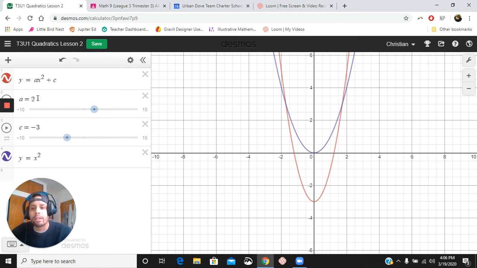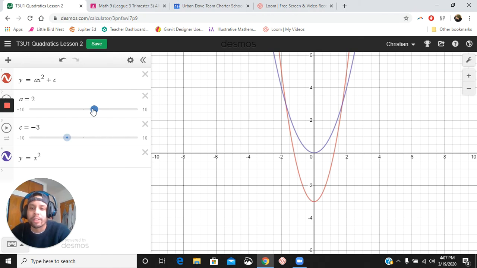Okay, so I would say, in comparison to x squared, the graph of this new function, which is, a is 2, 2x squared, c is -3, so I could call it 2x squared plus -3, or 2x squared minus 3. Those mean the same thing. And I would say, all right, the graph of this function is going to be thinner because a is greater than 1, and it's going to have a lower y-intercept based on my c value. And that's how the graph starts to move.